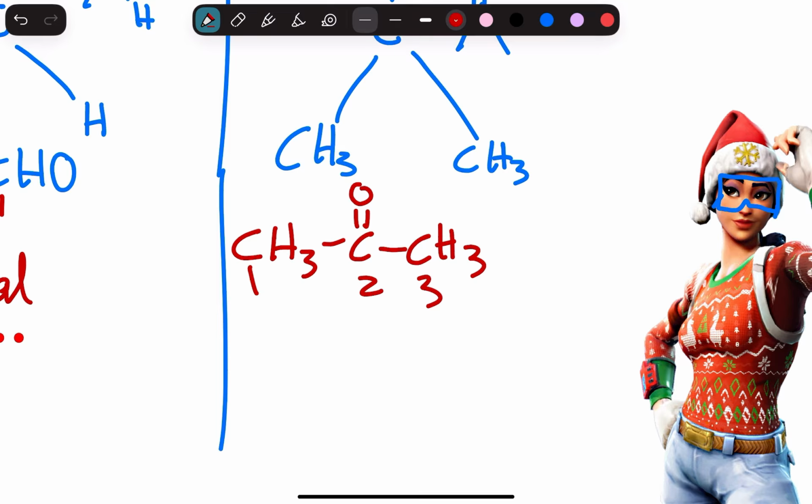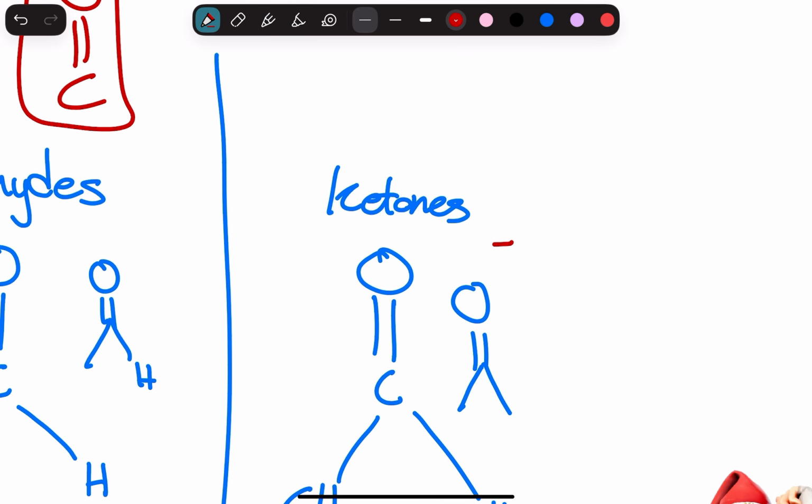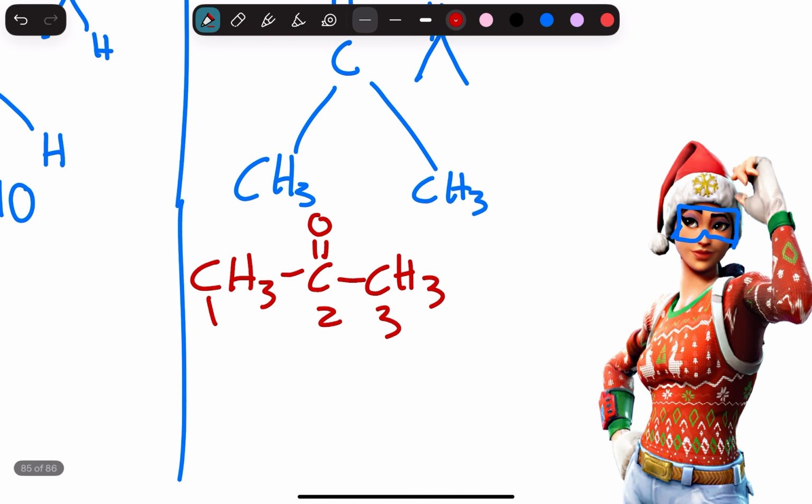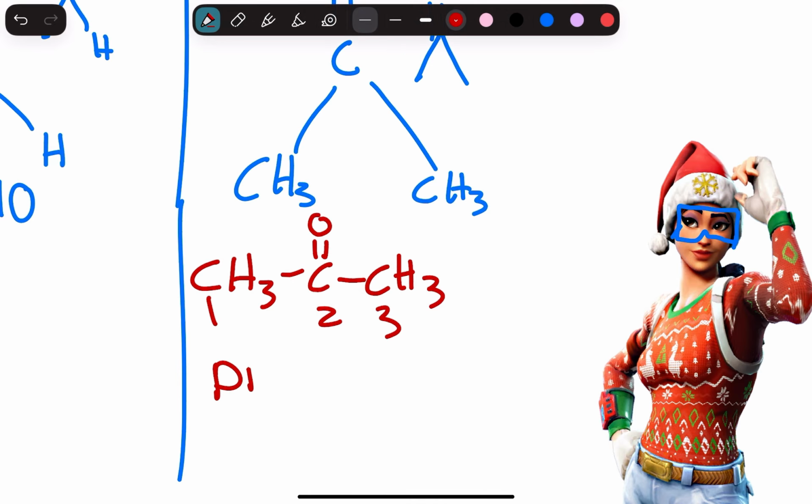What would this one be called? So with ketones, we're going to use the suffix -one. So count the chain. 1, 2, 3. It's a propane chain, but instead of the E, we're going to replace it with -one.